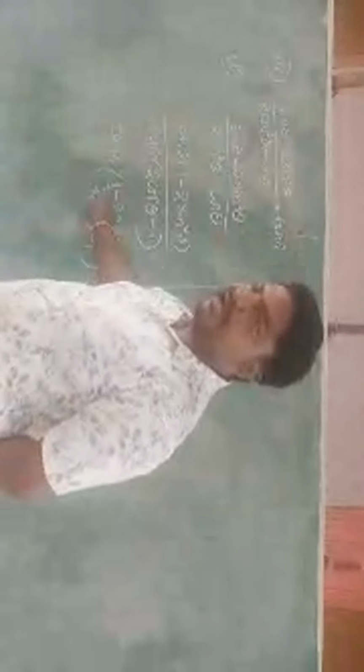So tan theta as it is, into the bracket 1. In place of 1, I can write sin square theta plus cos square theta, minus 2 sin square theta. Am I right? Divided by 2 cos square theta, as it is, minus again 1, which I will write as sin square theta plus cos square theta.